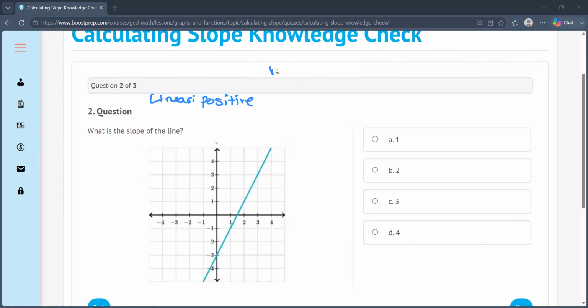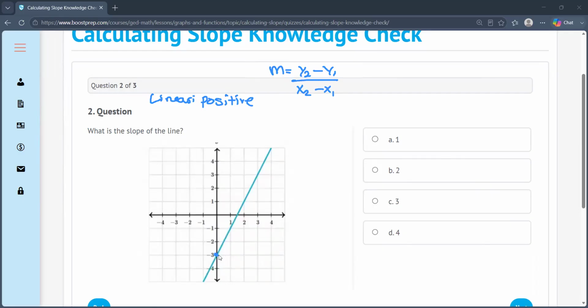So what you could do is two things. You can use the slope formula, m equals y2 minus y1 over x2 minus x1. Or, and this is not something I recommend, from your y-intercept, for example -3, figure out how much rise and how much run to the next point.